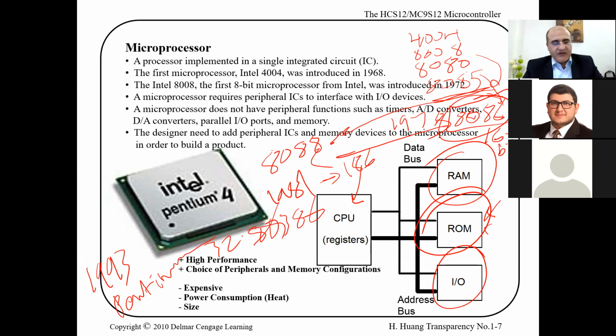I think in 97, they did the Pentium MMX. Then in 98 maybe, they did the Pentium 2. In 99, they did Pentium 3. And up to the Pentium 3, everything was 32-bit. Then they moved to the Pentium 4.